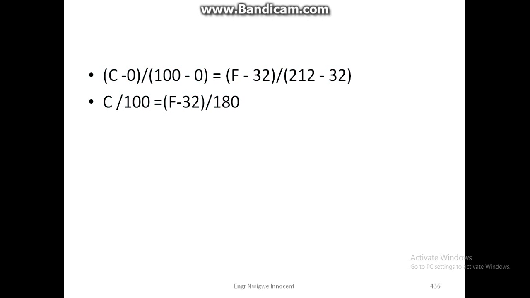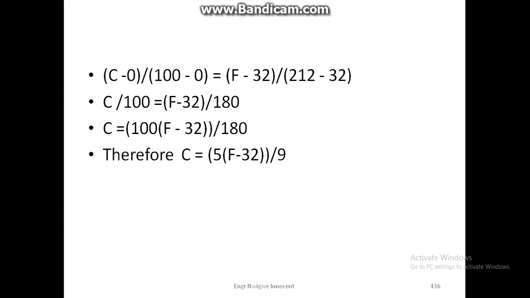Centigrade over 100 is equal to Fahrenheit minus 32 over 180. Centigrade is equal to 100 times Fahrenheit minus 32 all over 180. Therefore, Centigrade is 5 in bracket F minus 32 over 9. Making F the subject of the formula, F is 9C over 5 plus 32.